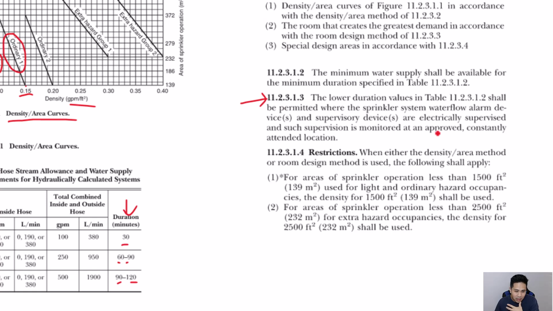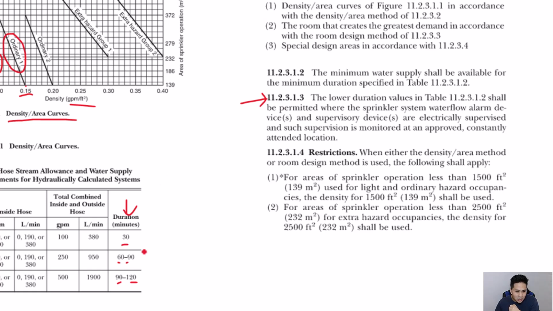So if you have a fire alarm system that is constantly monitored by a central station, then you could use the lower duration value here. And if your sprinkler system is attached to a city water supply, you wouldn't really be concerned with the duration. But in some cases, you have the sprinkler system coming from a water tank that is located generally on the roof.